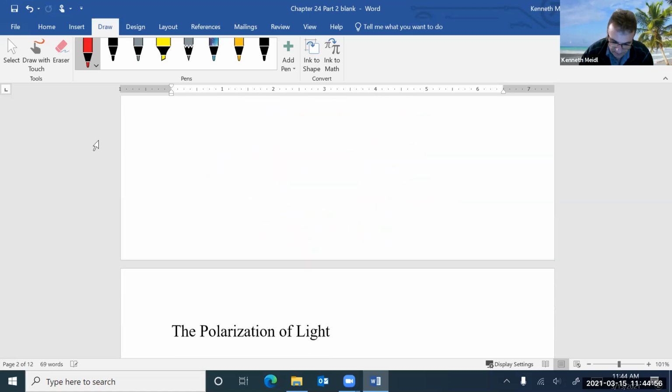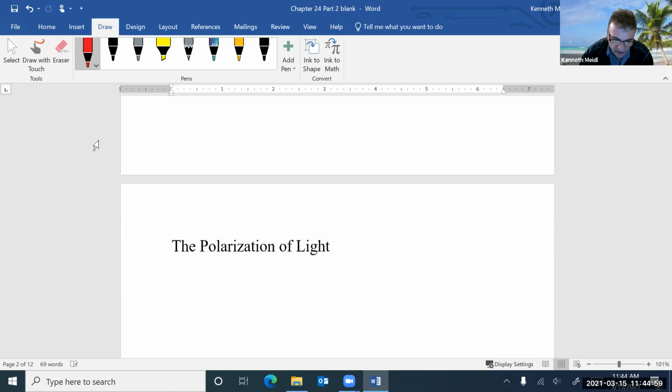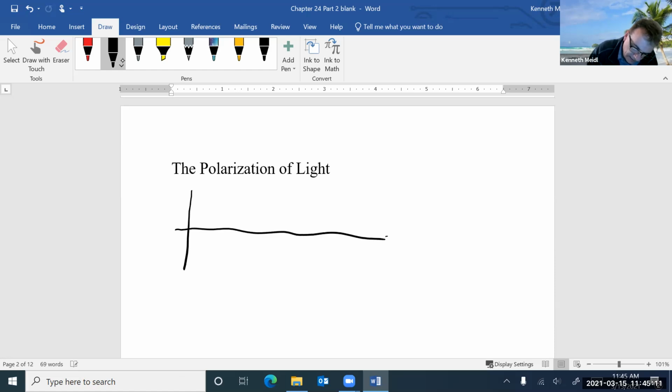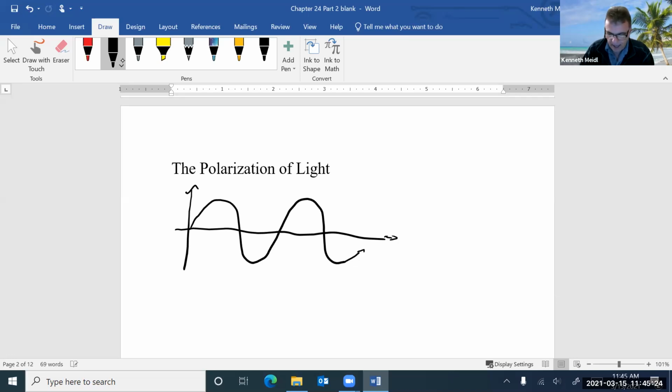Okay, what's next here? The polarization of light. When we probably started this idea of light being a wave, it's really much more complicated than what we show here. But okay, here's a wave.